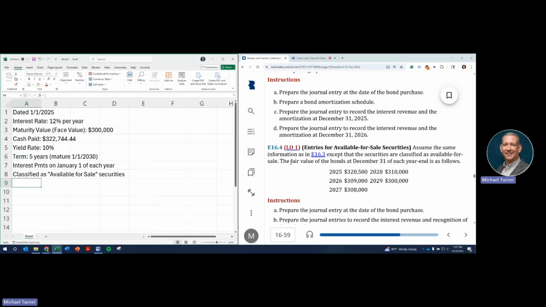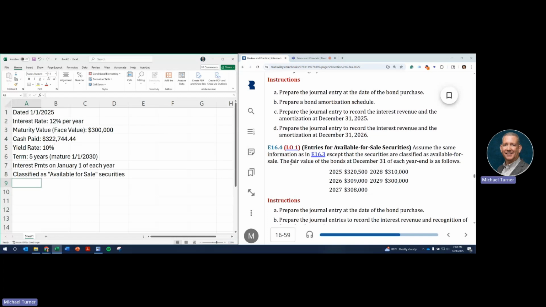One year in, the fair value is $320,500, and then 309, then 308. Then it went up a little bit to 310 in 2028, and then it closed out at 300,000 on December 31st, 2029, which makes sense because the very next day, January 1st, 2030, the bond matures at 300,000.